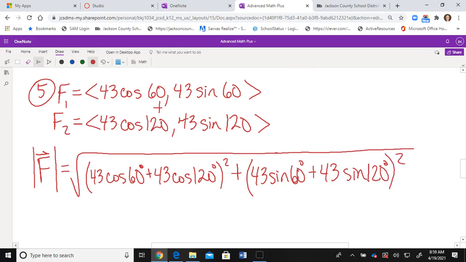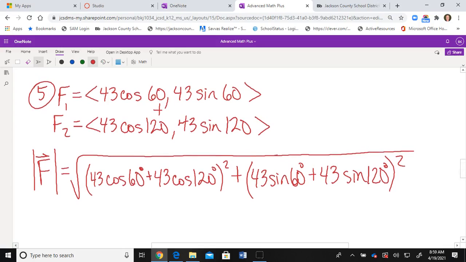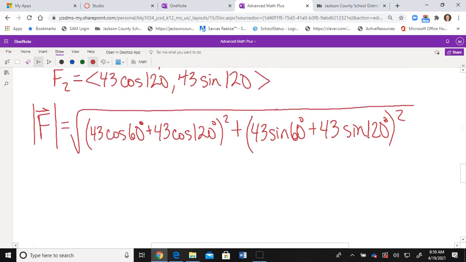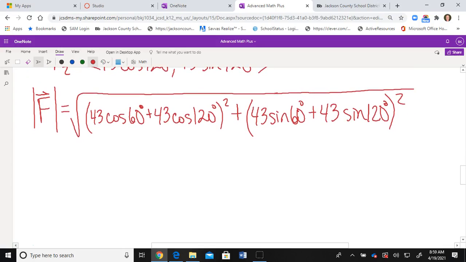All right. Put all that in your calculator, and we will have our magnitude. You should get, or what I got was 74.48.